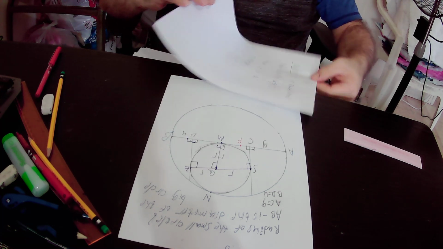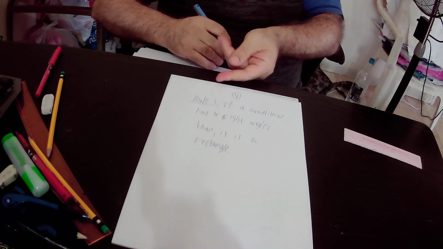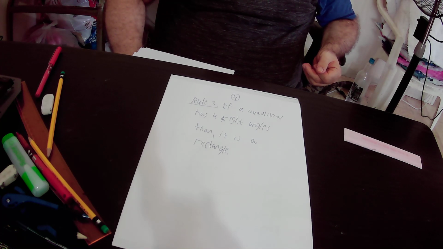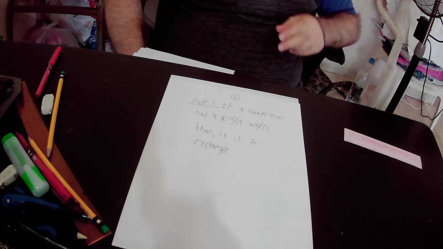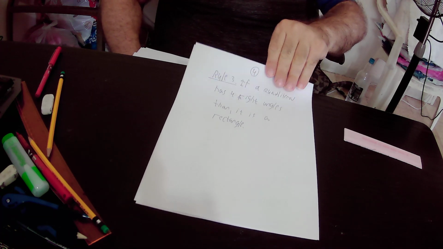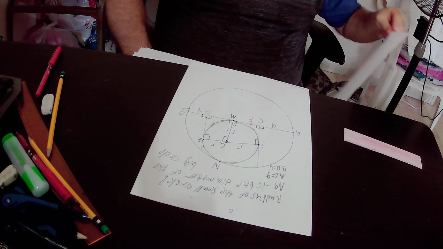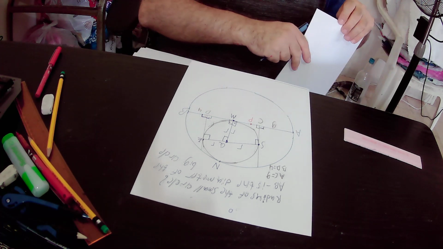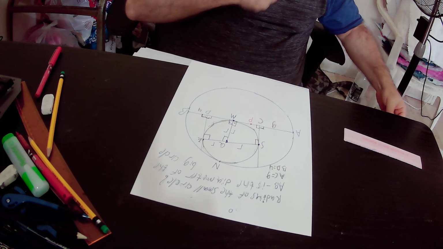So according to rule number 3, if a quadrilateral has 4 right angles, then it is a rectangle. So we actually proved that quadrilateral QZMD has 4 right angles.